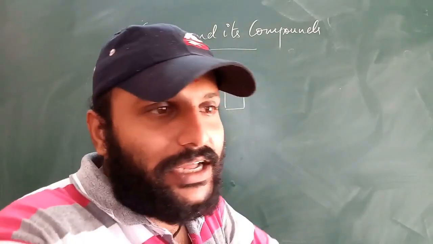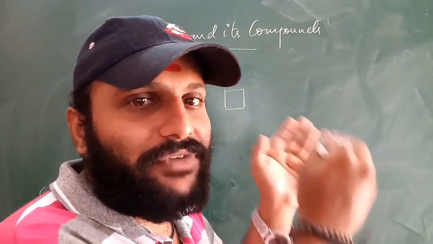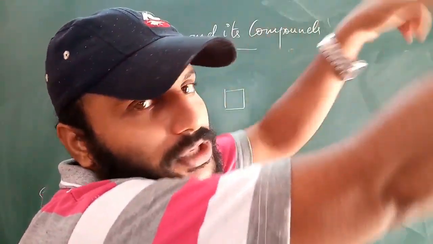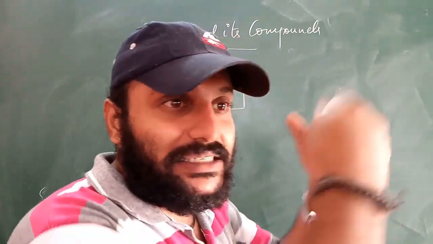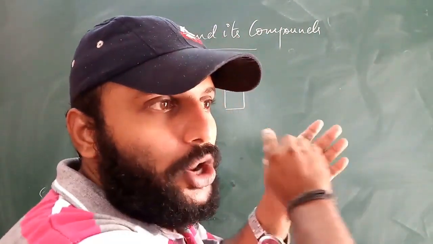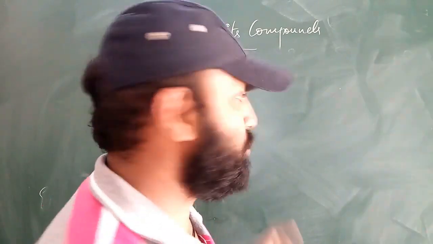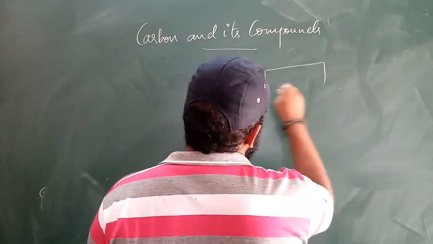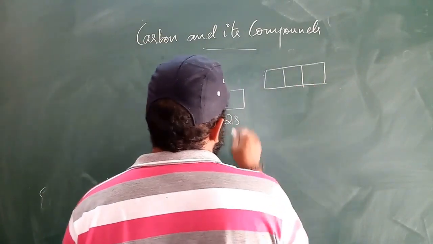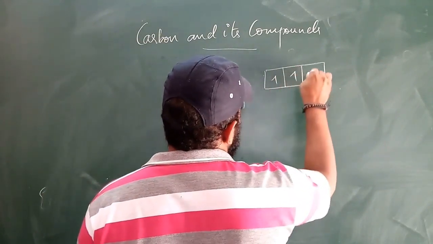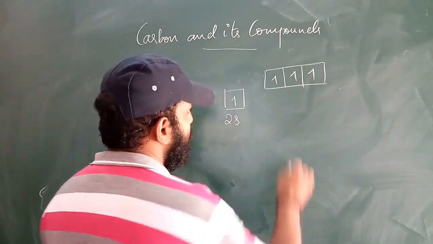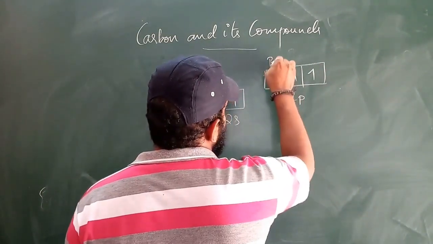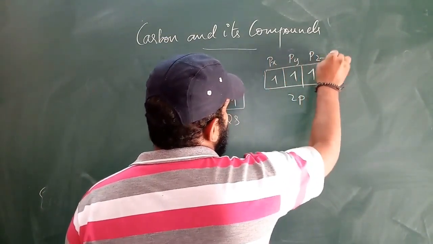Due to that bond energy, one electron from the 2s orbital will enter into the 2pz orbital, such that all 4 orbitals get 1 electron each. So here this is our 2s and this is our 2p: 1 electron, 1 electron, 1 electron, 1 electron. This 2p means px, py, pz.